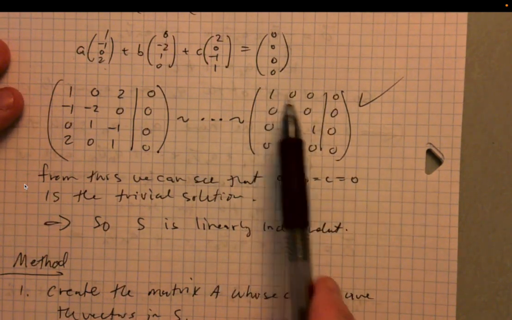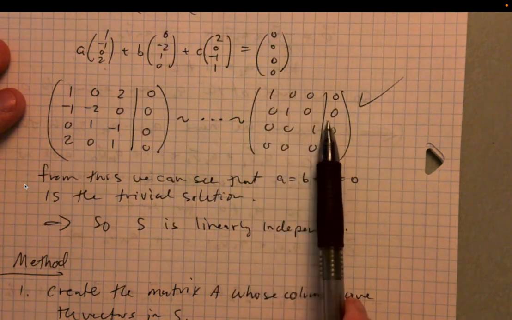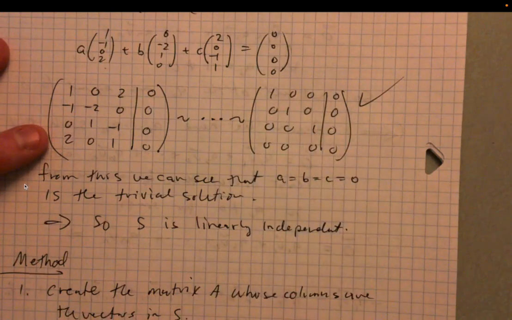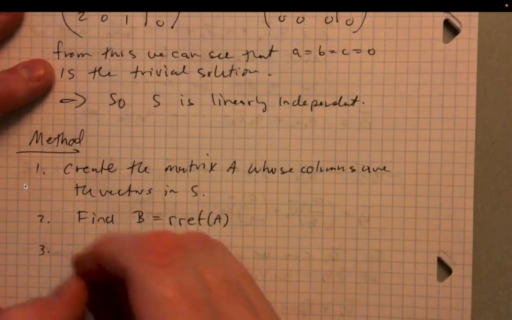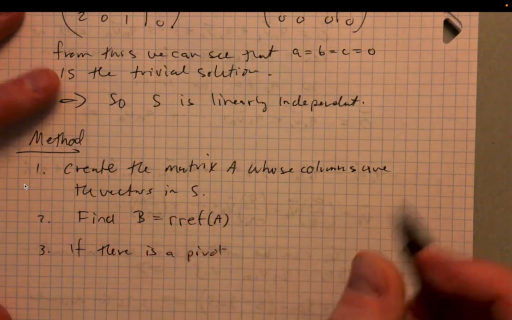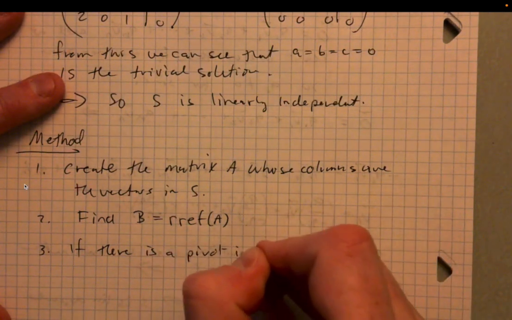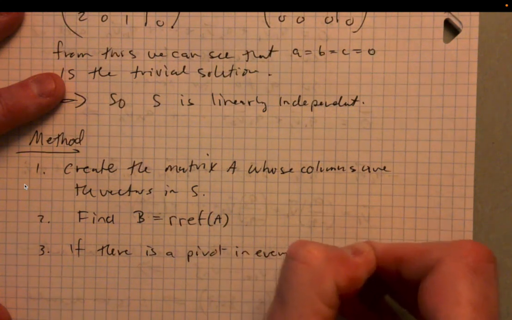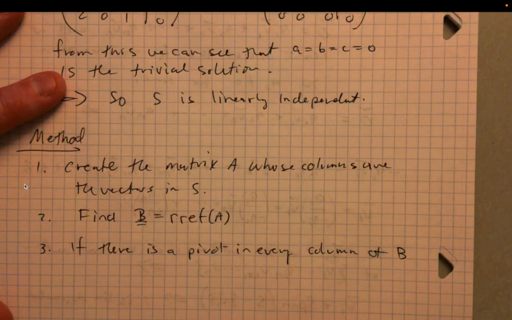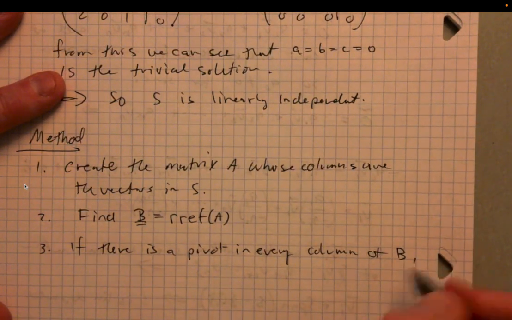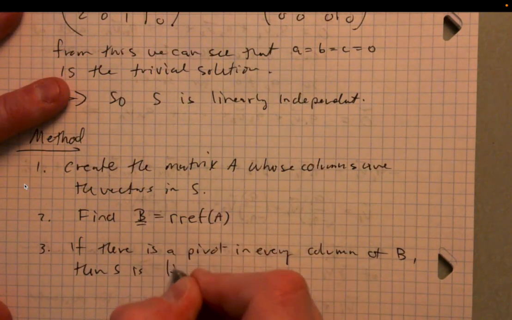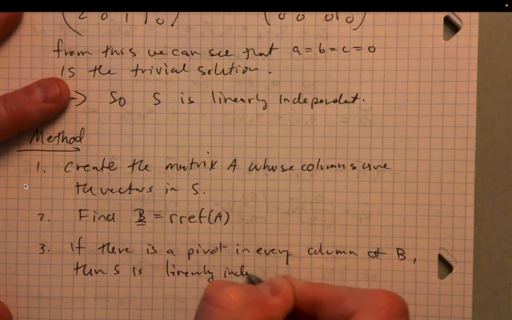So I need a pivot in every column of A. So if there is a pivot in every column of B, remember B is the reduced row echelon form of A, then S is linearly independent.